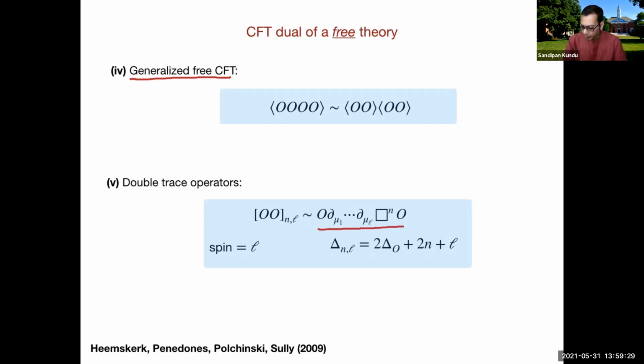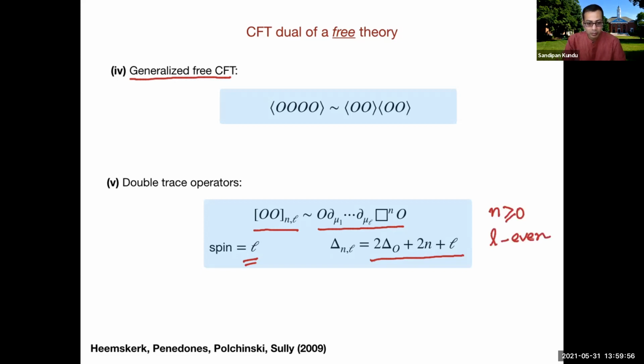They are the double trace operators, denoted by this particular notation with subscripts n and l, where l is the spin and n gives you the dimension of these composite operators. n is a non-negative integer, and l is also an integer, but l is even.